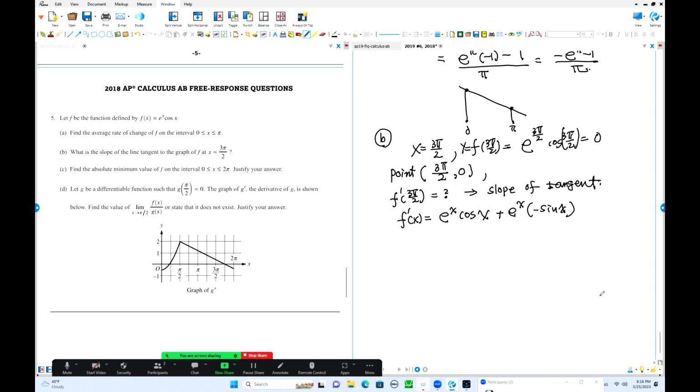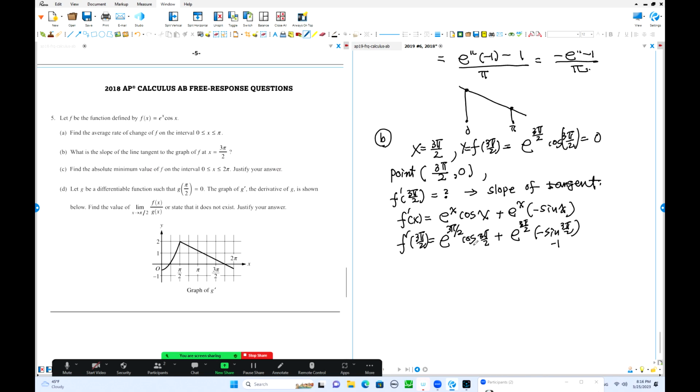But we're going to find the slope of tangent, which is the derivative at x equals 3 pi over 2. Put this number 3 pi over 2 there. e to the what? 3 pi over 2. Cosine 3 pi over 2. Still 0, right? So minus, okay, this one, e to the what? 3 pi over 2. And minus sine 3 pi over 2. Sine 270 degrees, which is 3 pi over 2, is negative 1.